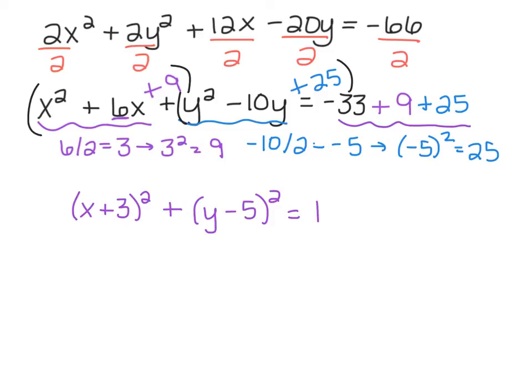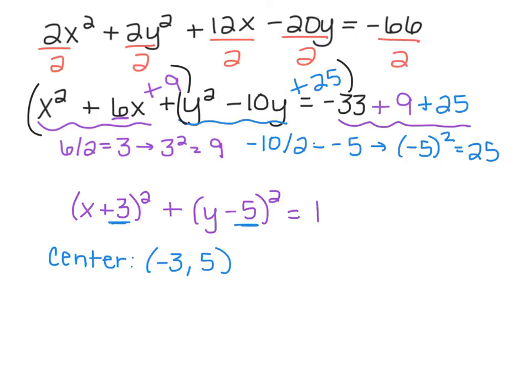And then if I were asked for the center, I would say, remember this plus 3 is really a -3, and the -5 is really just a 5, because the formula has minuses built into it.